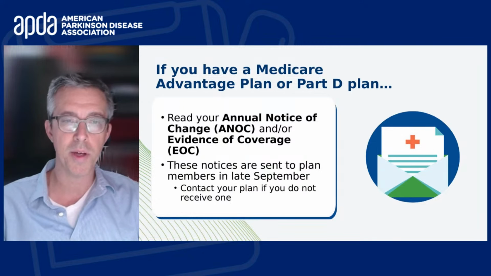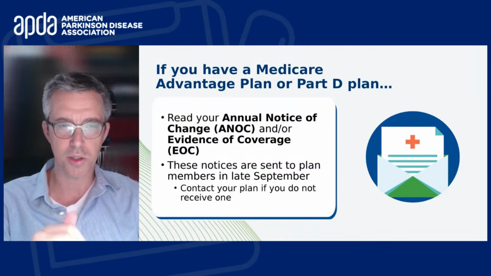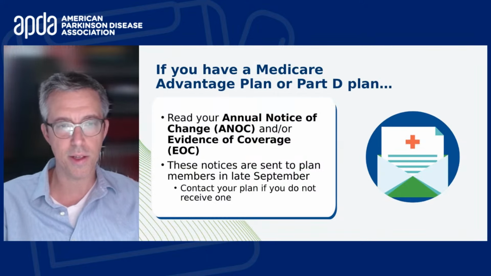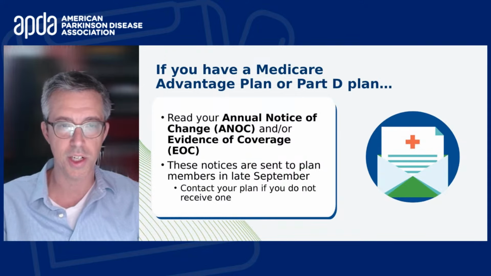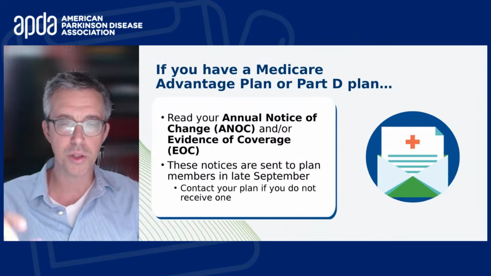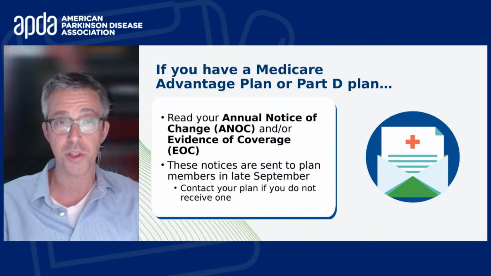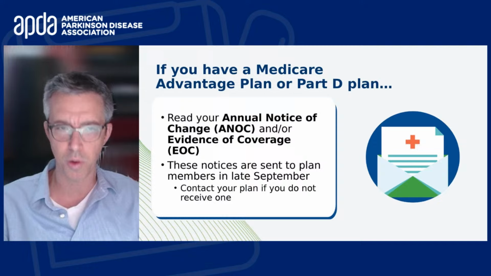But what I recommend is, if you know you're searching for one particular type of health service, to hit Control F and then type in the health service that you're interested in investigating, and it'll show you every instance that phrase is used in the evidence of coverage. It'll say exactly how much it covers and for what.